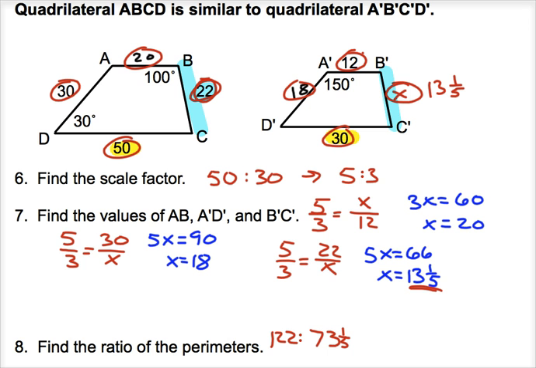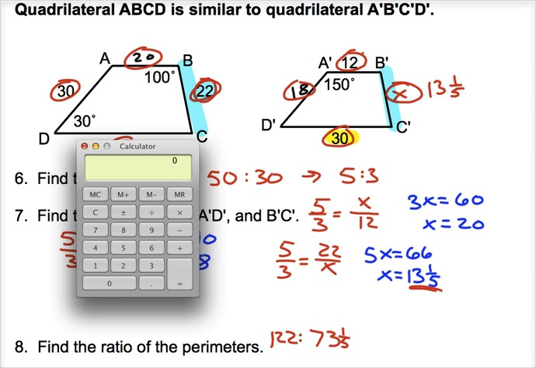Okay. And now I need to try to reduce this ratio. So I really have two options. I can either turn the 73 and 1/5 into an improper fraction, multiply each side by 5 to get rid of the fractions and see if I can reduce that, or I'm going to actually just divide this out to a decimal and see what would happen.